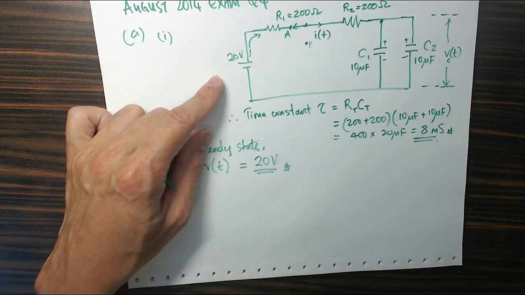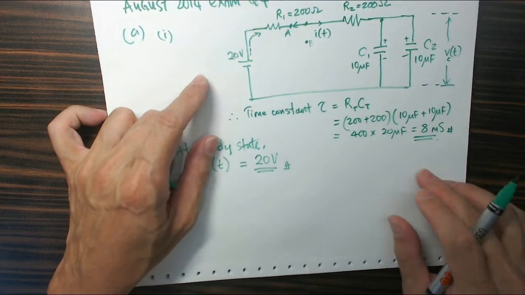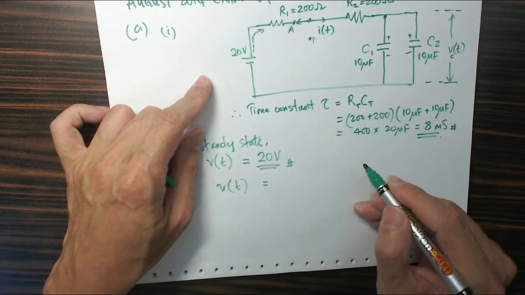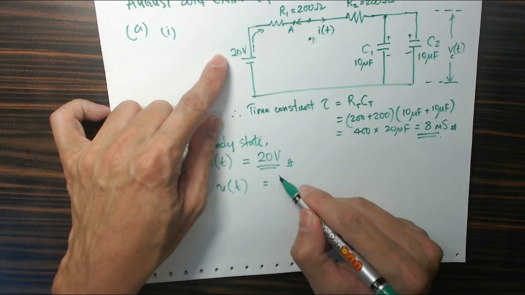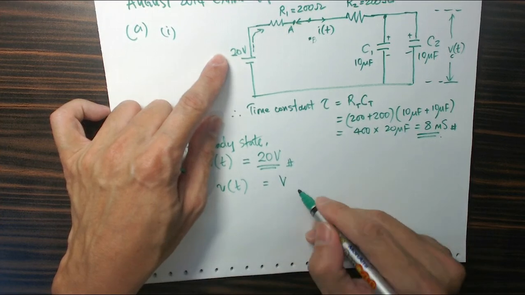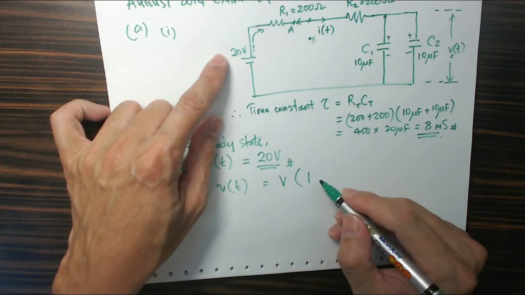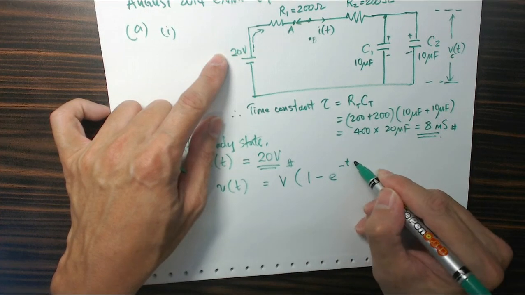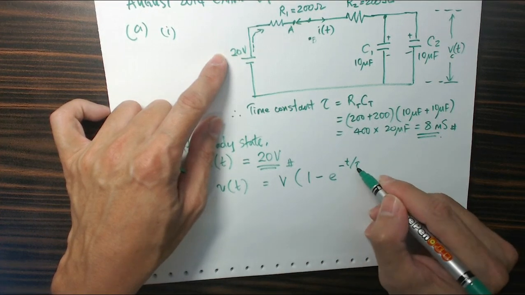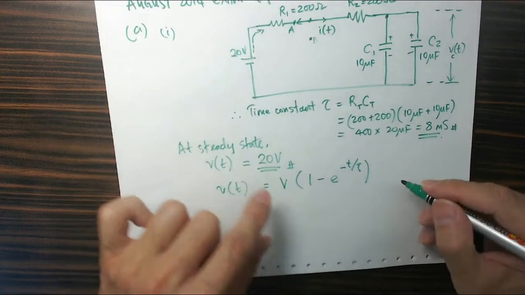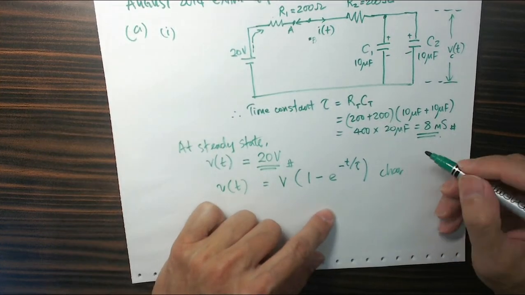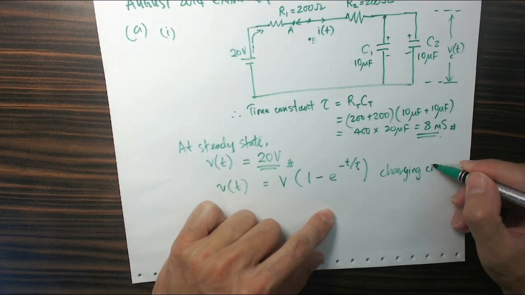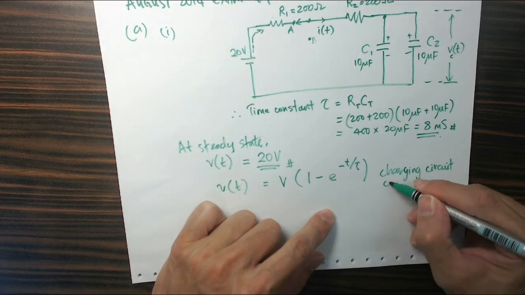And the charging characteristic can be written as Vc(t) equals the voltage of the battery times 1 minus e to the power of minus the time over the time constant. This is the charging circuit characteristic.